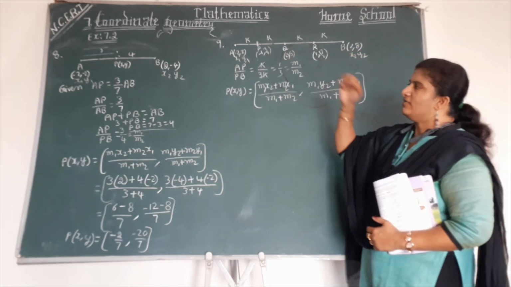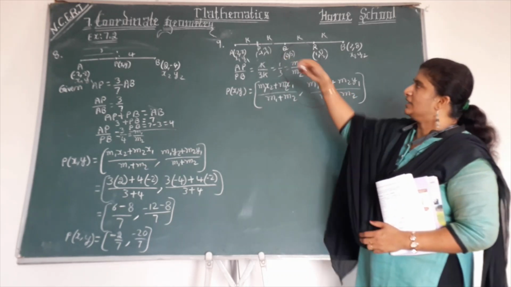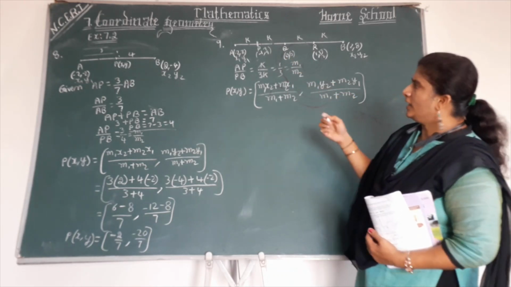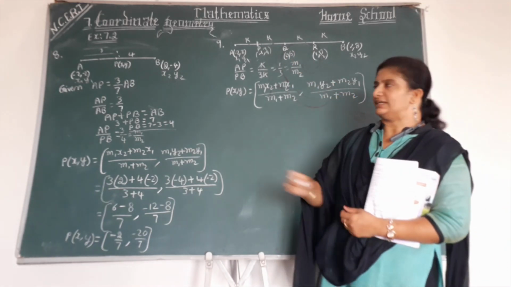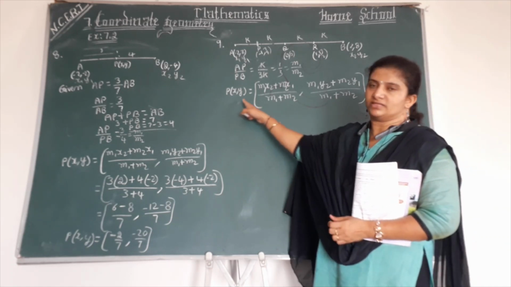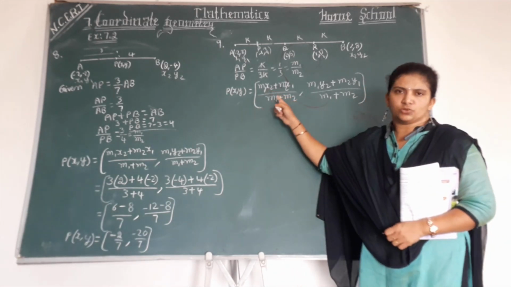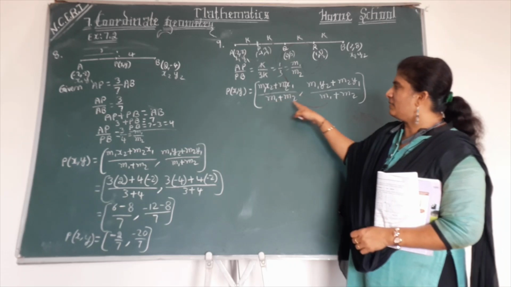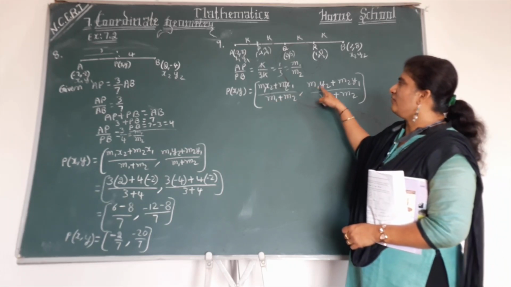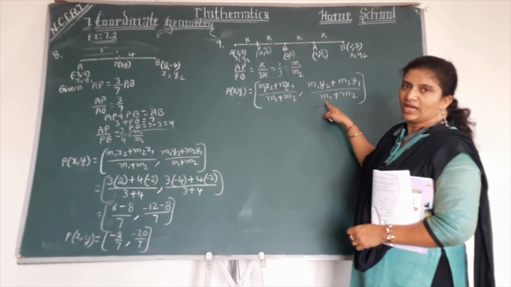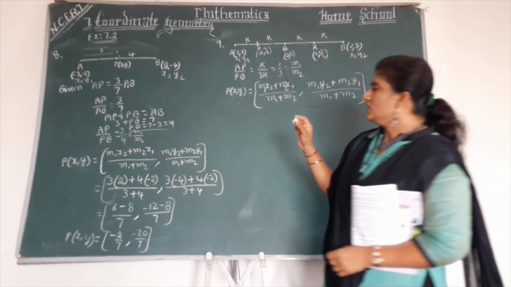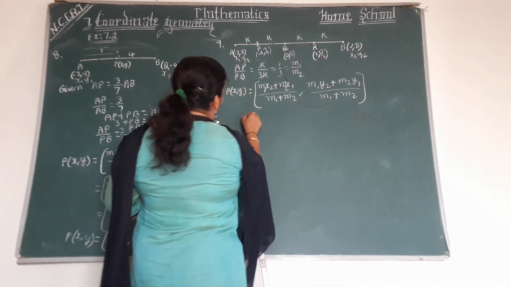Okay. So now let's start how to find the P coordinate. P coordinate, how do you find? Using section formula, P x, y is equal to m1 x2 plus m2 x1 by m1 plus m2, m1 y2 plus m2 y1 by m1 plus m2. So let's start substituting here.